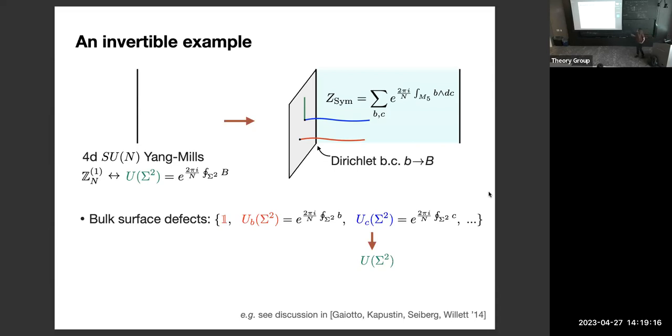Okay, so in the symmetry TFT, now I expand out the slab picture. What is the symmetry TFT? Well, I just gauge this. Upon gauging, I get some topological two-form gauge theory.